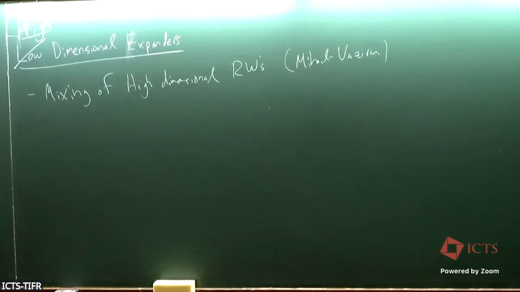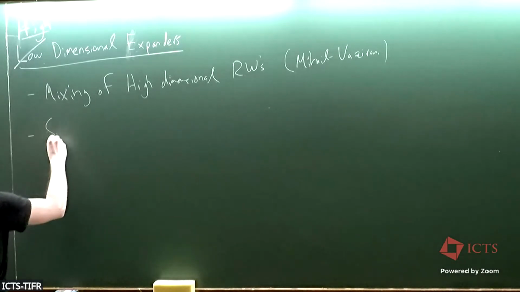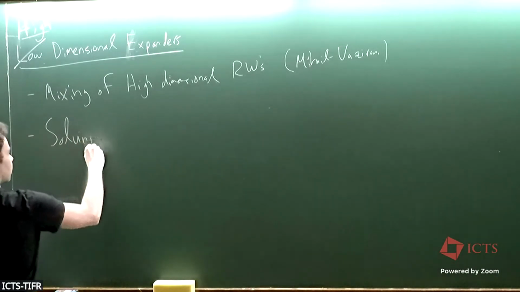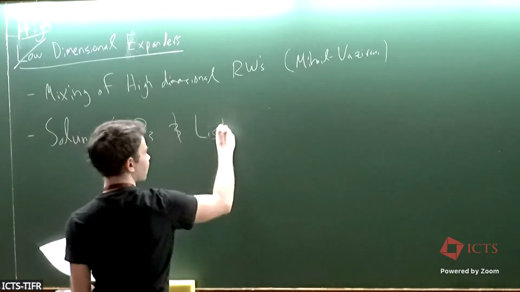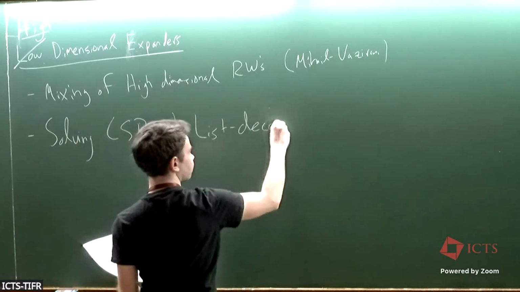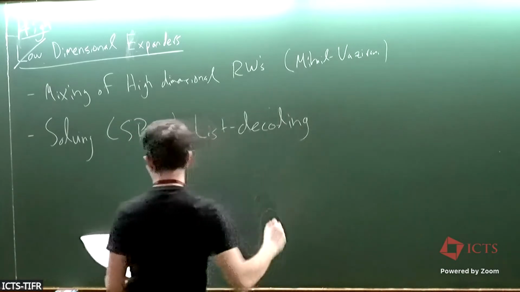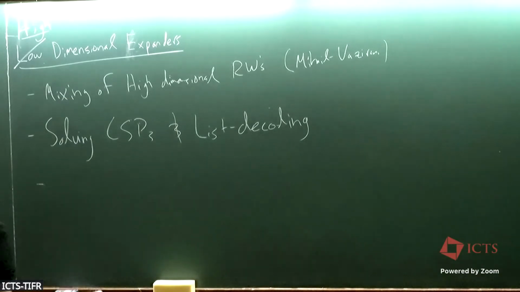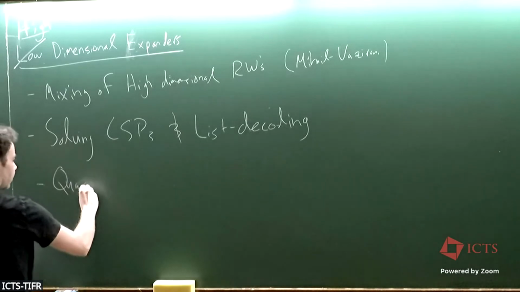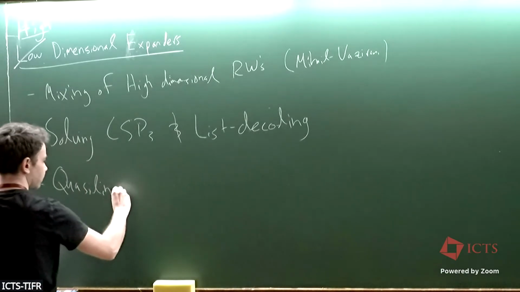Other things we'll see some connections to solving CSPs and list decoding. Maybe Dinur will talk about these several lectures down the line. Things that we won't get to, but we'll develop some techniques that were really crucial in developing these results, are the new quasi-linear PCPs.